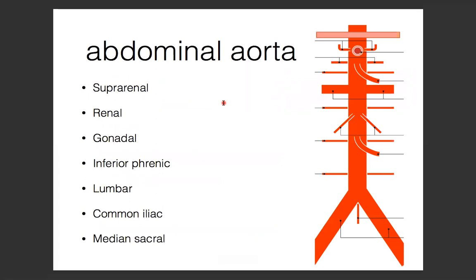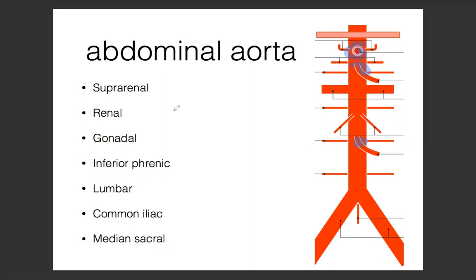Before that, I want to complete talking about the abdominal aorta. The abdominal aorta doesn't just give us the three main branches, the celiac, superior mesenteric, and inferior mesenteric.